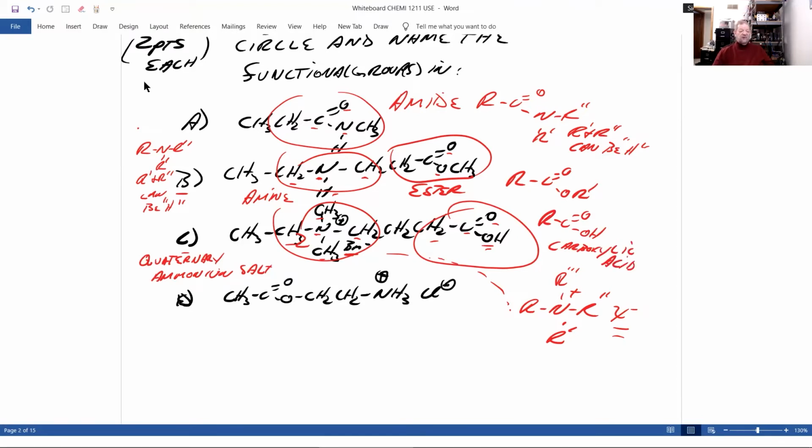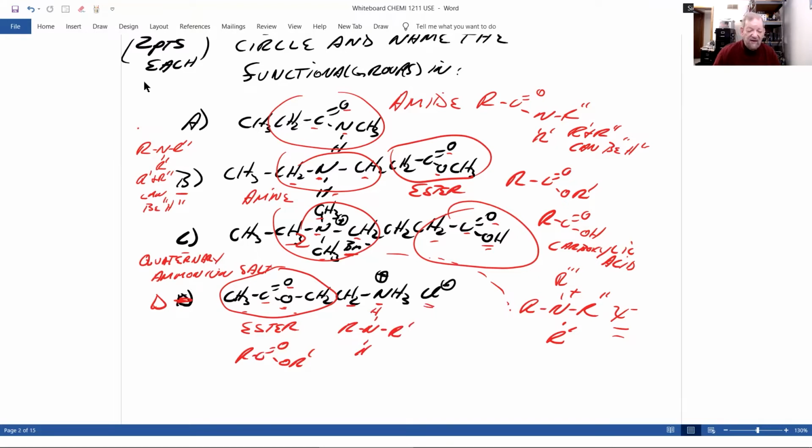And let's go to D. Now you know it looks like D. Ooh, oxygens here and here on a carbonyl, oxygen, carbons, carbons. What's this? Ester. Ooh, nitrogen. Carbons here. And notice I have 3 hydrogens and a plus charge and a halogen.